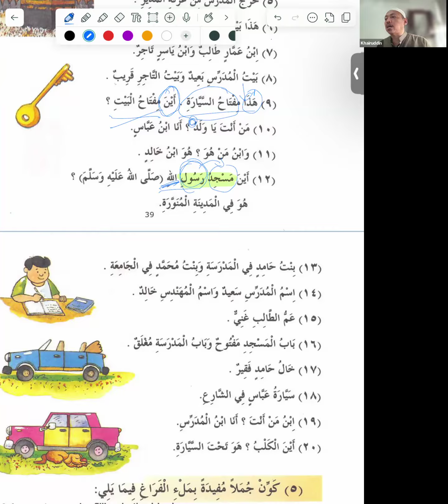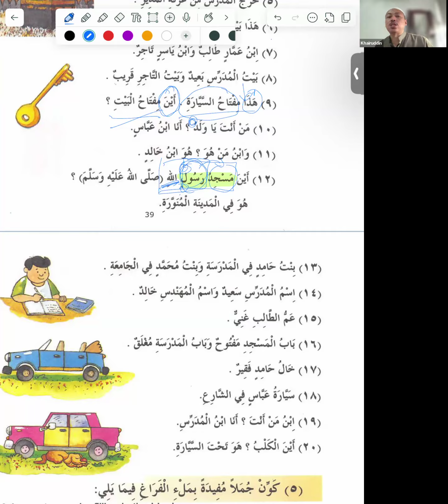So it would have been Rasulullahi with a dhamma in its asal form. However, because it is in and of itself mudafun ilay, the word rasuli takes a kasra instead of a dhamma. So this is one mudaf ilay, and this is a second mudaf ilay.